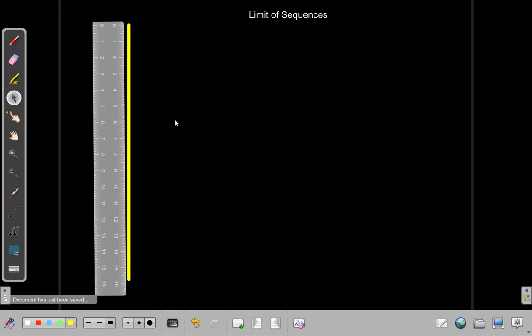And you decide that you're going to cut that board in two halves. You cut and you put half in a box. So now you have half the board. Then you cut it in half again.